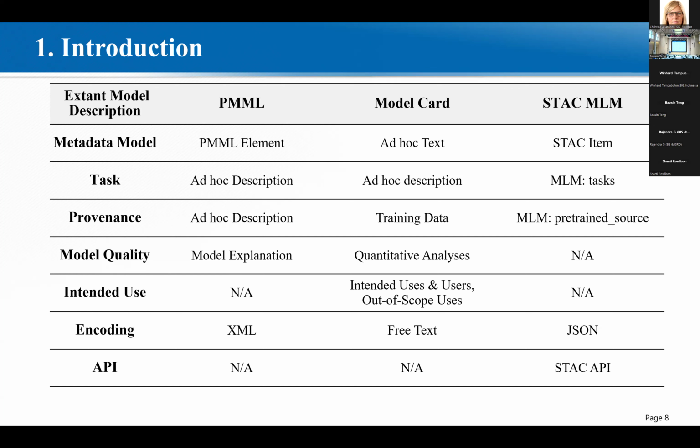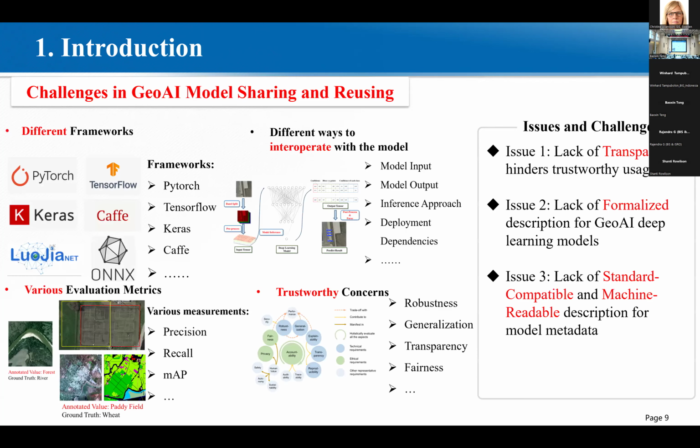For example, people may need to know whether the provenance of the model is good for me, whether the quality of the model is acceptable, and whether these models are applicable to my intended use. So here come the issues and the challenges.